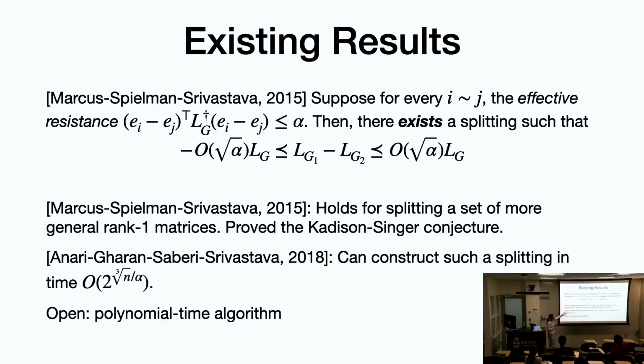Well, they only show that there exists a splitting. The currently best known algorithm for finding such a splitting has exponential time. And it's open whether one can find such a splitting in polynomial time, even for very special graphs.